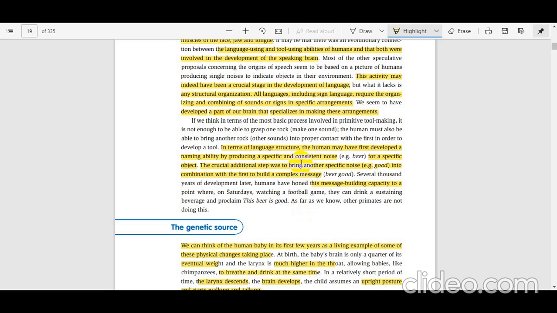The production of the word, for example, beer, can later be connected with different objects, beer good, good beer, and some other examples. Then it is also later developed to be in the form of a sentence: this beer is good.